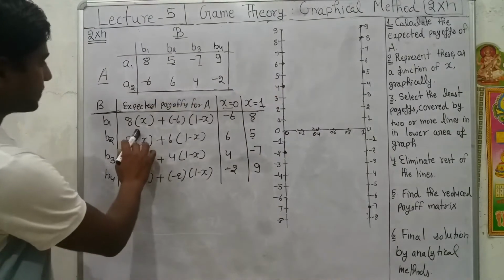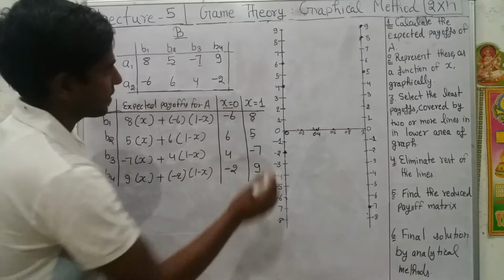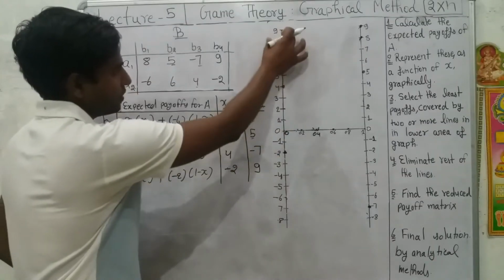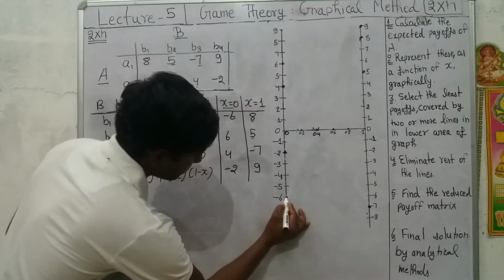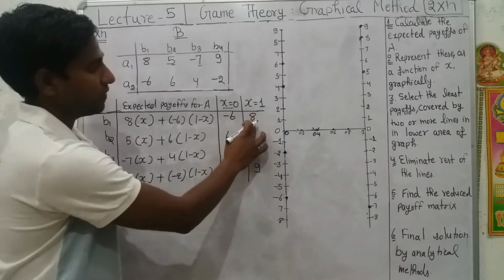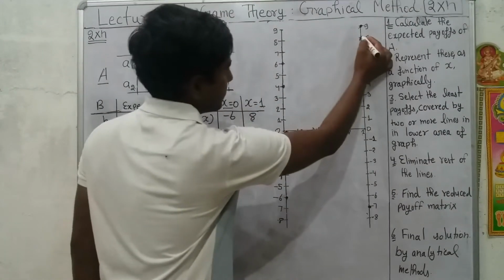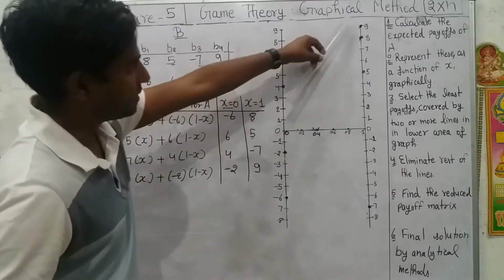For the first expected payoff, when x is equal to 0, the point is minus 6. X is equal to 0, so it would be represented on this line. The value is minus 6, so minus 6 is here. And when x is equal to 1, the value is 8, so 8 is here. So what we need to do is join these points.